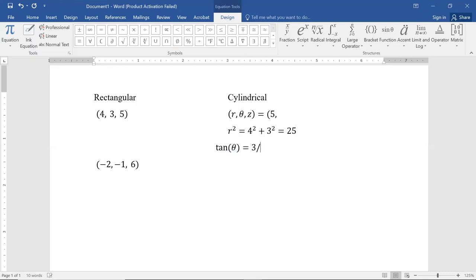So that is 3 over 4, excuse me. And so I can take inverse tangent of 3/4, and I get in radians about 0.6435 radians.